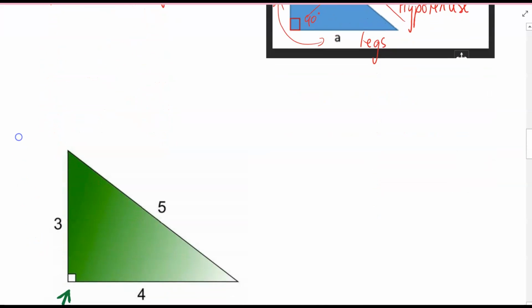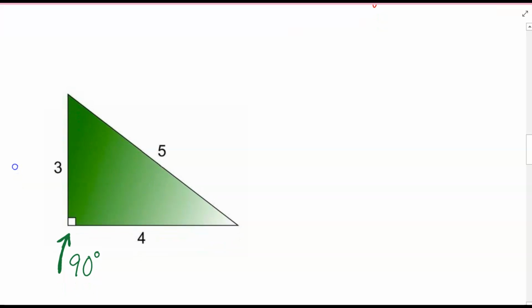There is a special triangle called the 3, 4, 5 right triangle. Notice the box in the corner to show that it is 90 degrees, where the vertex joins the side that is 4 units long and 3 units long. Let's test this. We'll call our 3 a and we'll call our 4 b. 5 is definitely the c because it's opposite the 90.